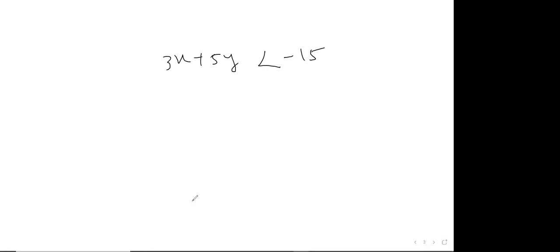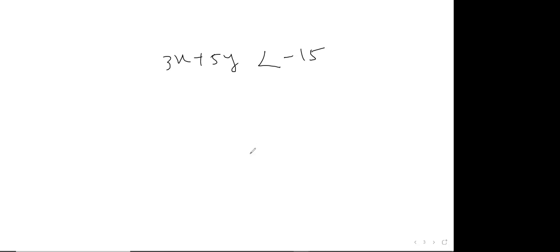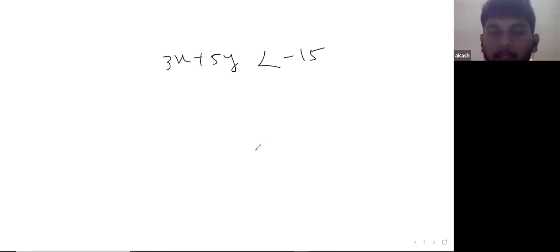Sir, I did the coordinates, but I don't know how to do the part 1, part 2. You can write any part as part 1 and part 2. There is no specific rule. We are just naming, right? You can name anything, A and B. Sir, what are we doing? Are we substituting an x and y value into the inequation? Yeah, origin.